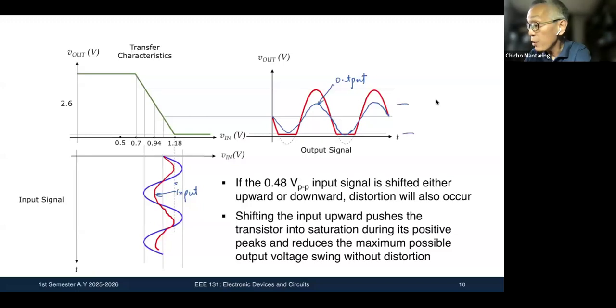The peak-to-peak value reduced. So the maximum possible output voltage swing without distortion got reduced because I shifted my signal to the right, or I increased the DC component of my signal.